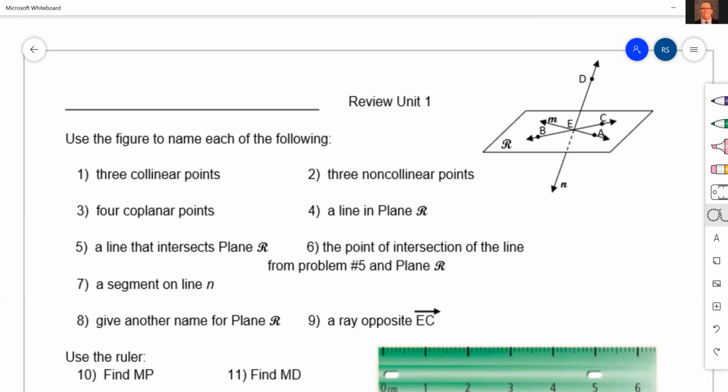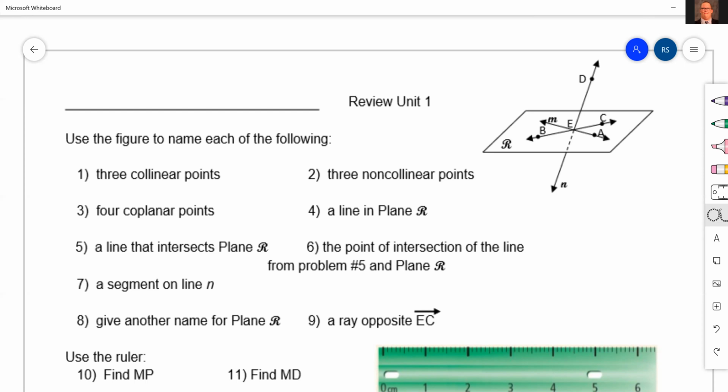So they ask us to use the figure, which is up here in the top corner, to name each of the following. So the first thing they ask us to do is 3 collinear points. Well, we have to remember 2 things. First, how do we name points? With capital letters.